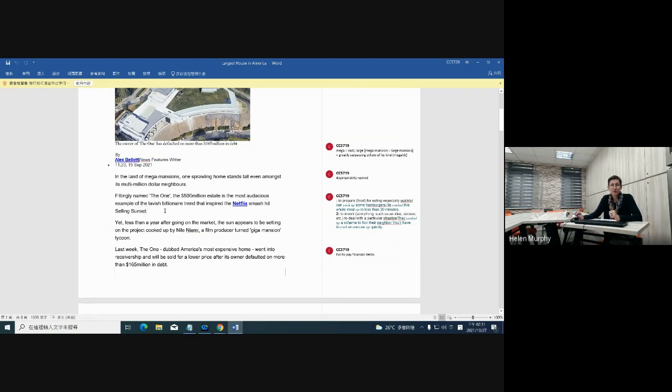Now, that refers to Sunset Boulevard in Los Angeles, and the show is about real estate agents selling mega mansions on Sunset Boulevard. So these kinds of houses have inspired TV shows about real estate agents selling millionaire and billionaire properties.